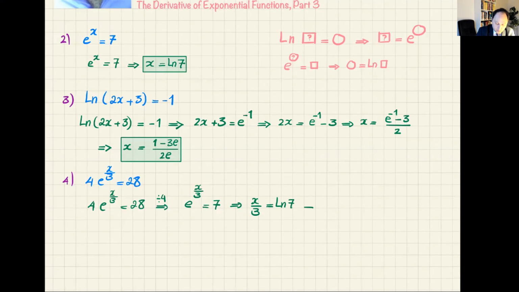But I am looking for x, so I multiply everything by 3. The left-hand side becomes x. The right-hand side becomes 3 ln of 7. You can keep it in this way. This is also acceptable. Or sometimes if you want to, you can move this 3 and put it on top of 7. And then 7 to the power 3 is 343.